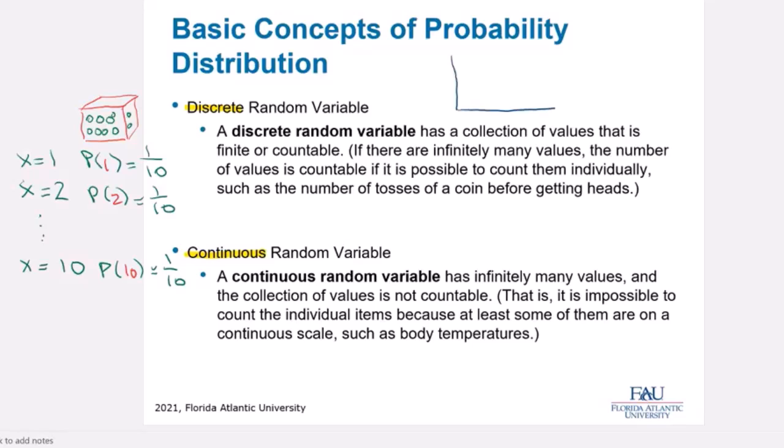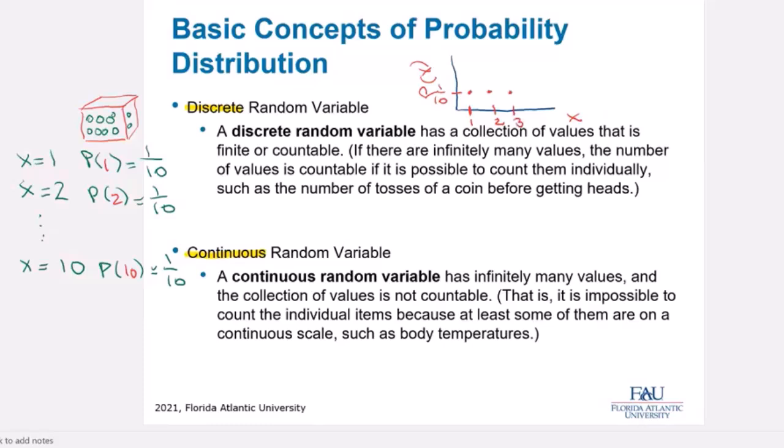For example, if I were to draw this graph, let's call this P of x, and let's call this x. The probability of getting a 1 is 1/10. The probability of getting a 2 is also 1/10, and so on.